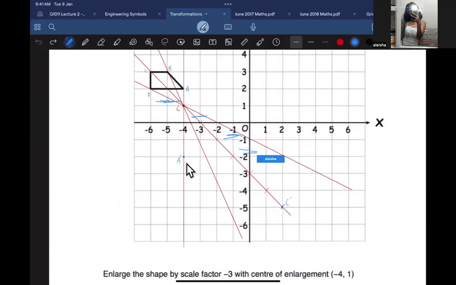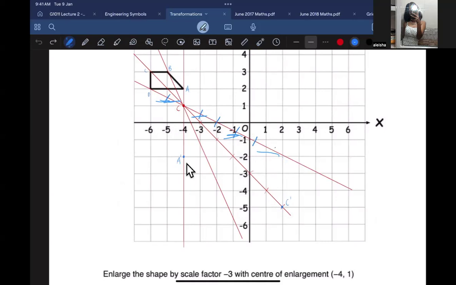Wait, no, I did it wrong. Wait, no, I didn't do it wrong. I confused myself on the board now. Watch. So if you're using that, there's two over here, right? There's two over here, and multiply it by three. So six. Then I want two more, which is right here, and then I reach there.